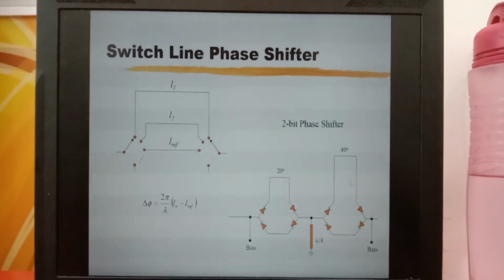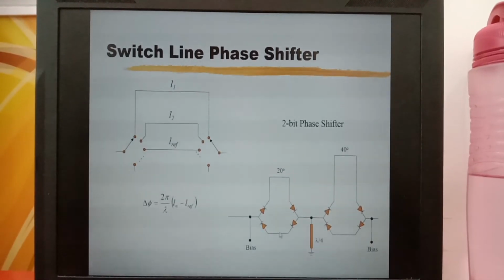And the same goes for the second bit. We can control the diodes to be turned on or off using a bias voltage at this point.